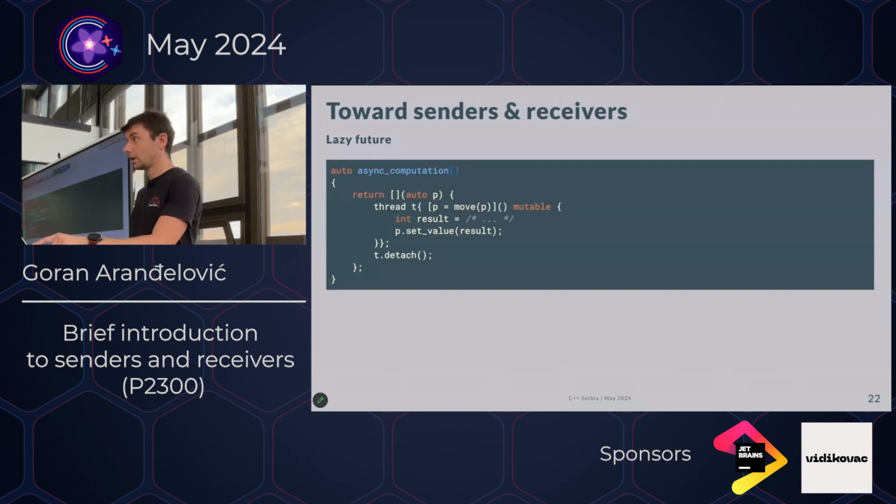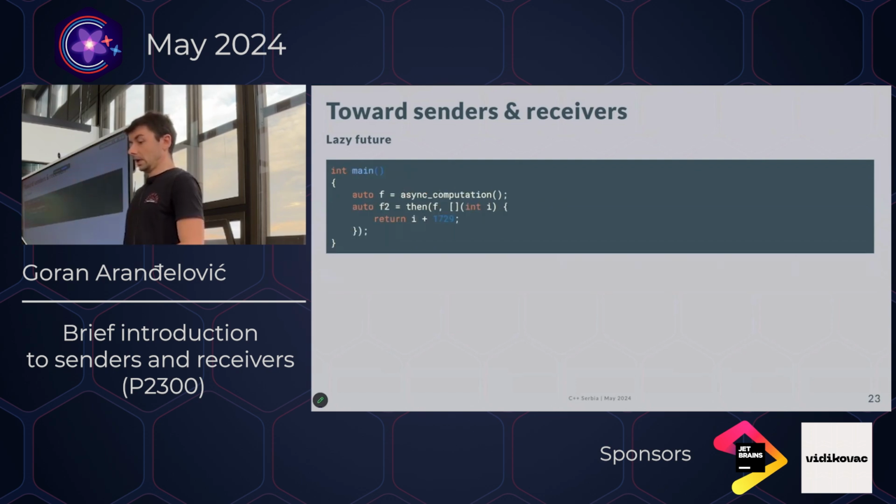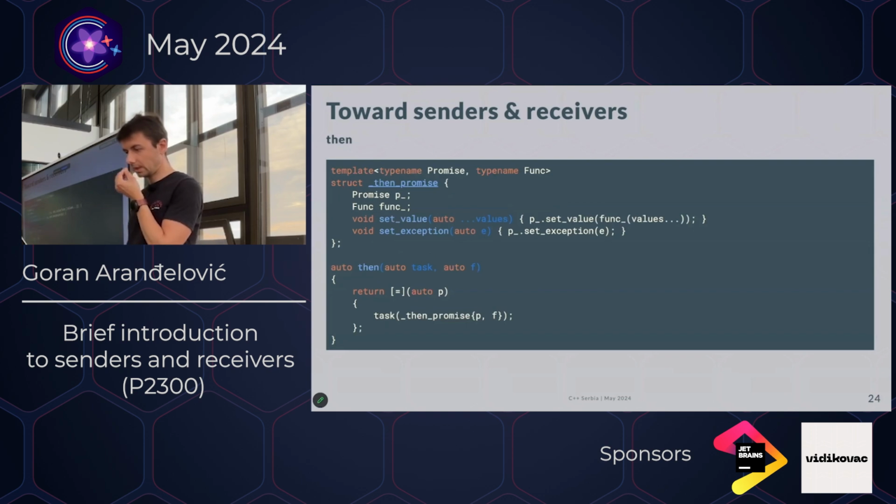So remember, this is something that returns a lambda and it receives a promise, right? And then the algorithm will provide some continuation. So this is how a very basic then algorithm should look.